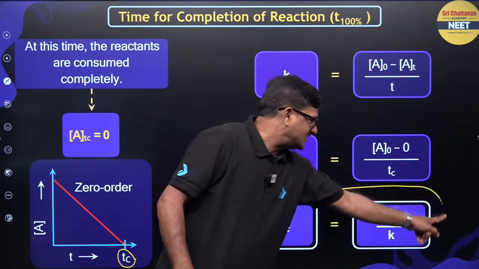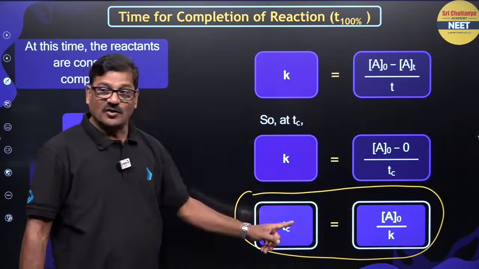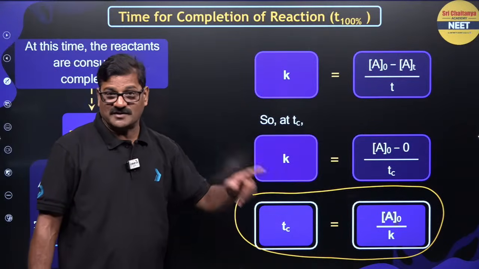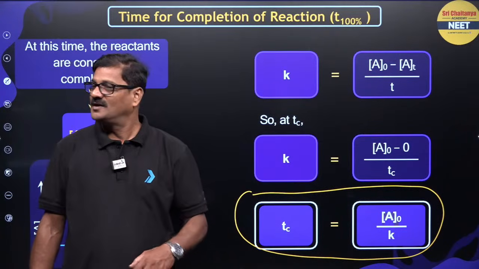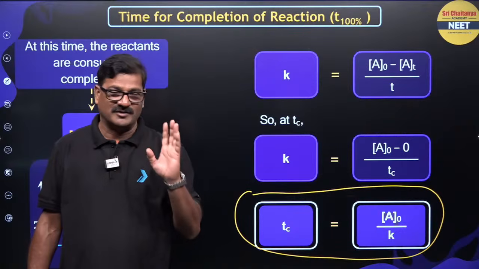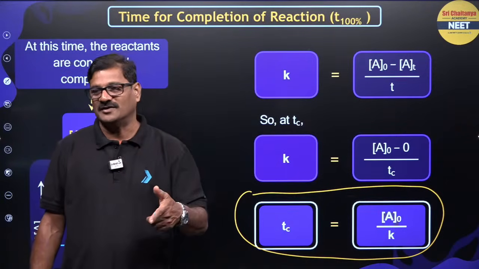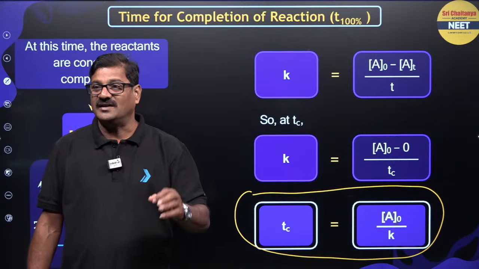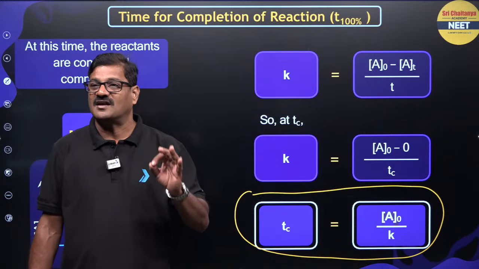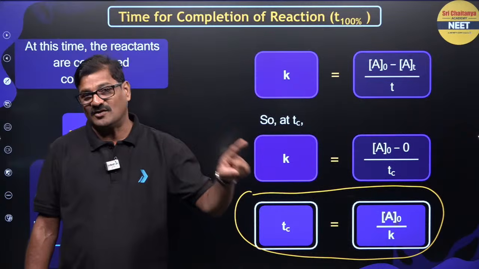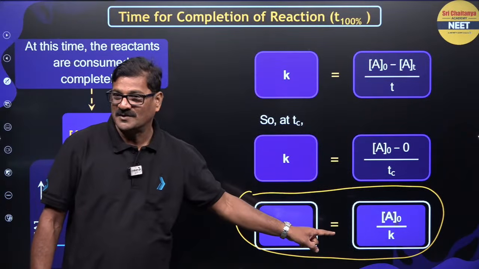This is for zero order. First order का मत इस्तेमाल करना, first order का infinity आएगा. First order reaction never be completed. Got it? Reaction never takes till completion for first order. Zero order complete कर सकते हैं.